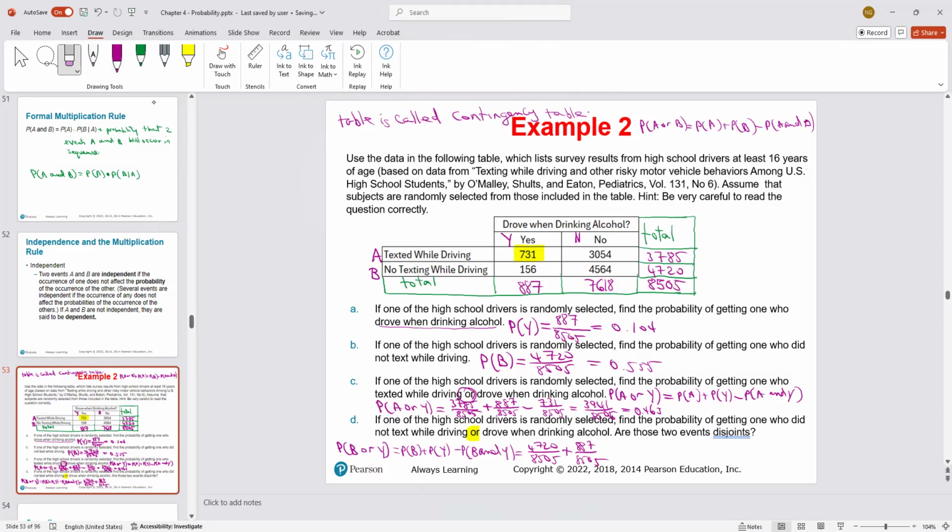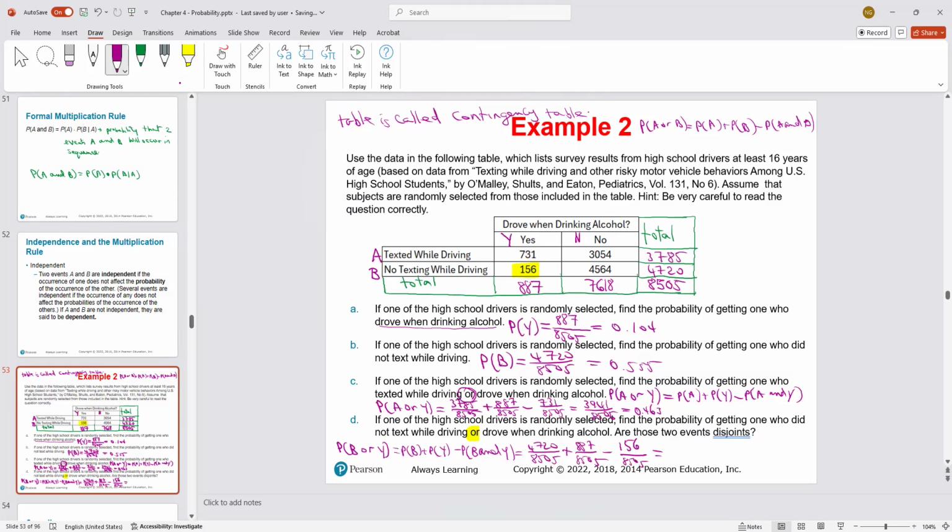Now you need to look for where it is both of them: who did not text while driving and drinking alcohol is that number 156. We need to remove it because we need to avoid redundancy, right? So over 8505.